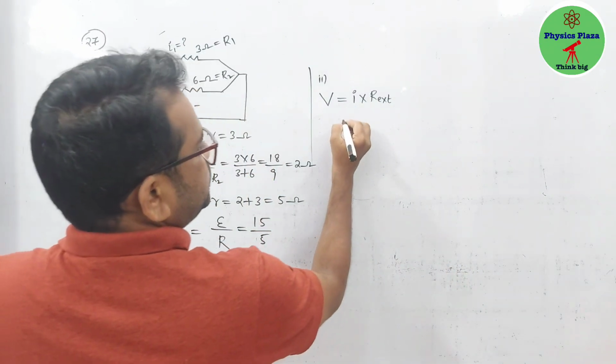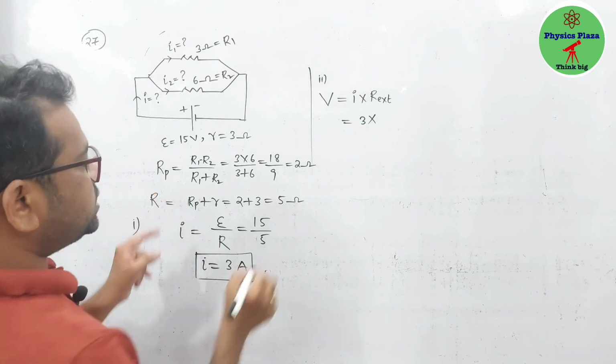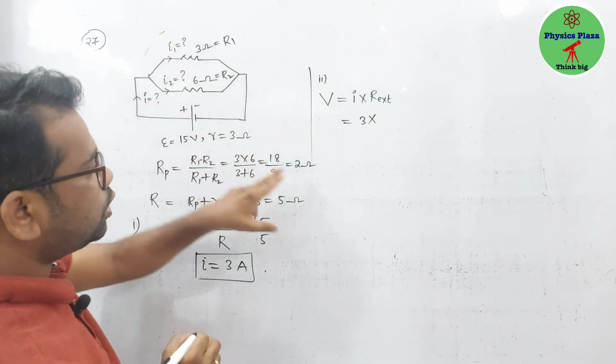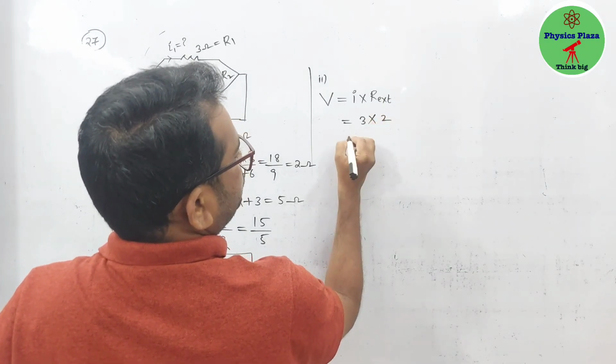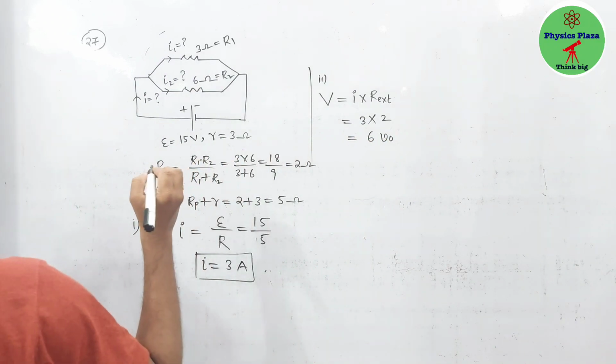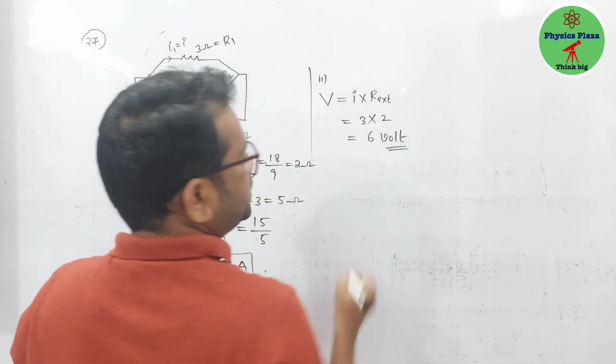Okay, now fine. So total current is how much? 3. External resistance, only these two are there. So the resultant of these two resistors is how much? 2 ohm. So this will be 6 volt. 6 volt. Is it clear?